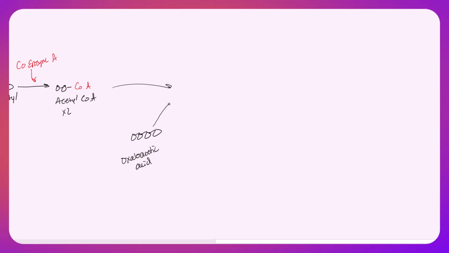That 4-carbon compound is going to be added to with the 2-carbon acetyl. The coenzyme A is going to leave and return back to where it is needed within the prep step. The acetyl is the 2-carbon, oxaloacetic is 4. That's going to produce a 6-carbon citric acid.